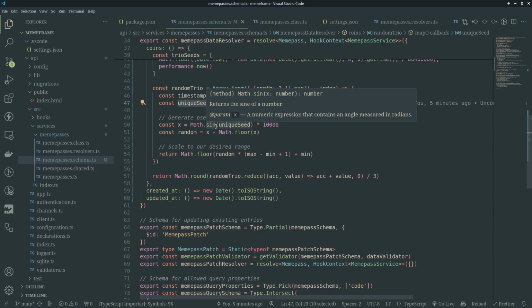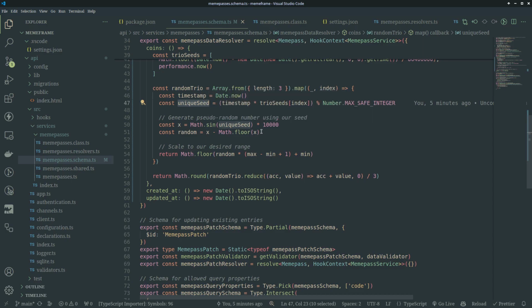After we find the sine of it, we multiply it by 10,000, and then we extract the decimal part of it. That means if, for example, x was 24.5, random would just be 0.5, if that makes sense.